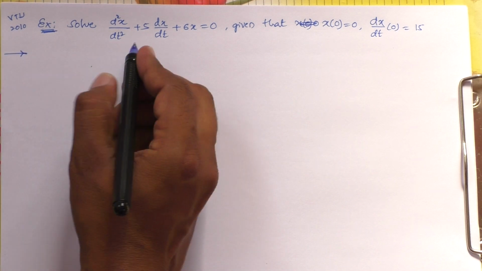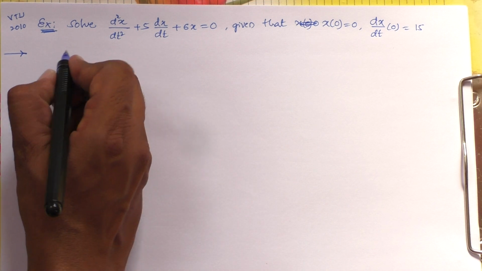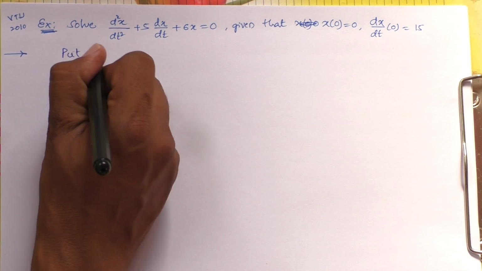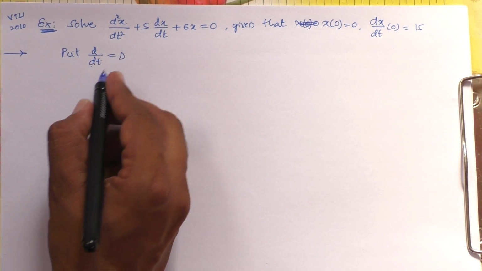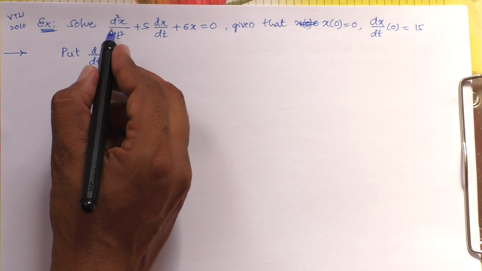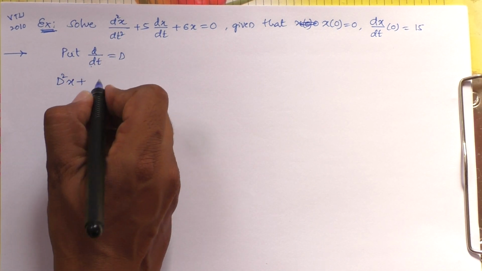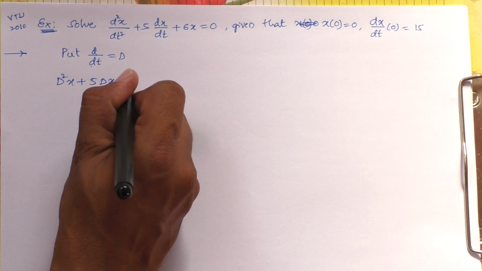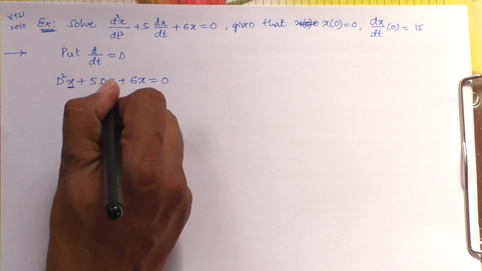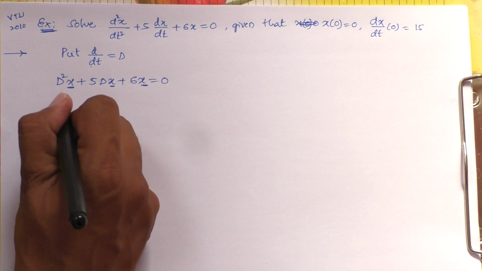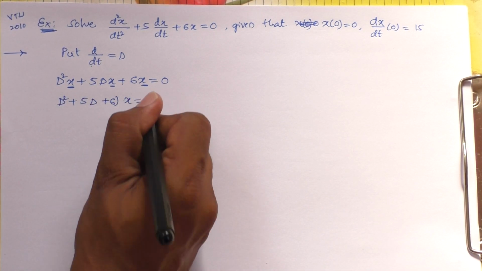In this problem, the derivative is d/dt, so put the differential operator d/dt equal to capital D. Substituting, we get D²x + 5Dx + 6x = 0. Here x is common, so it can be written as (D² + 5D + 6)x = 0.